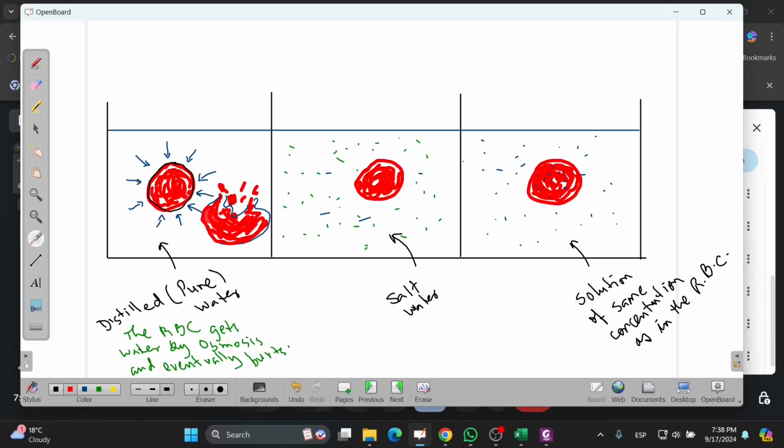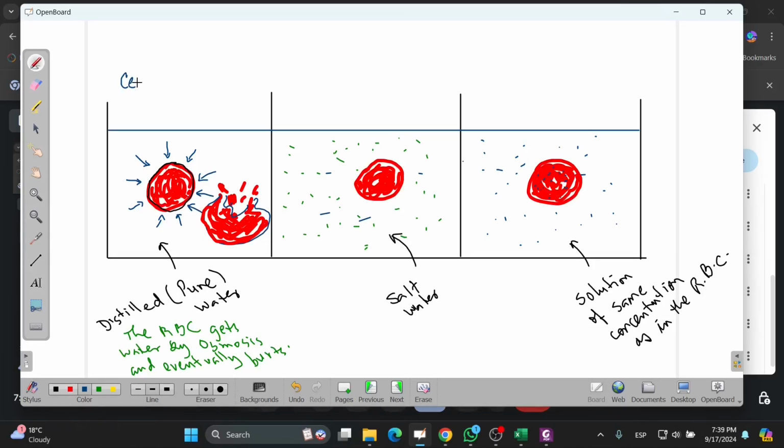So when this happens, guys, you have this scenario where it is more dilute, or more watery, outside the cell than inside. We say that this medium is hypotonic.